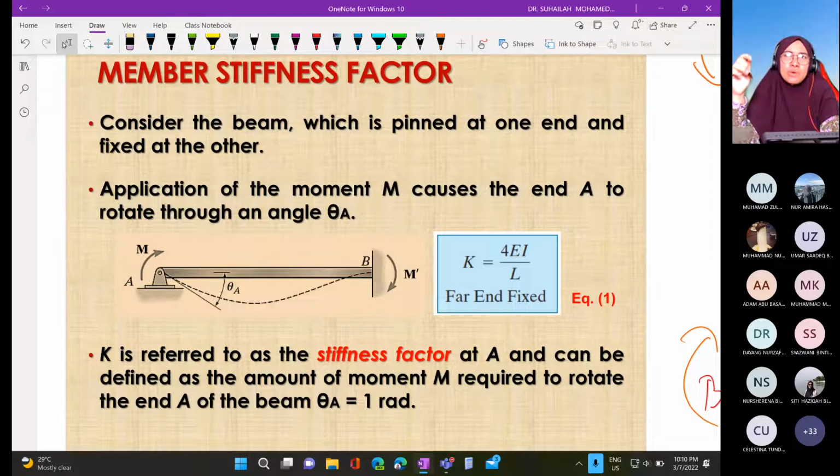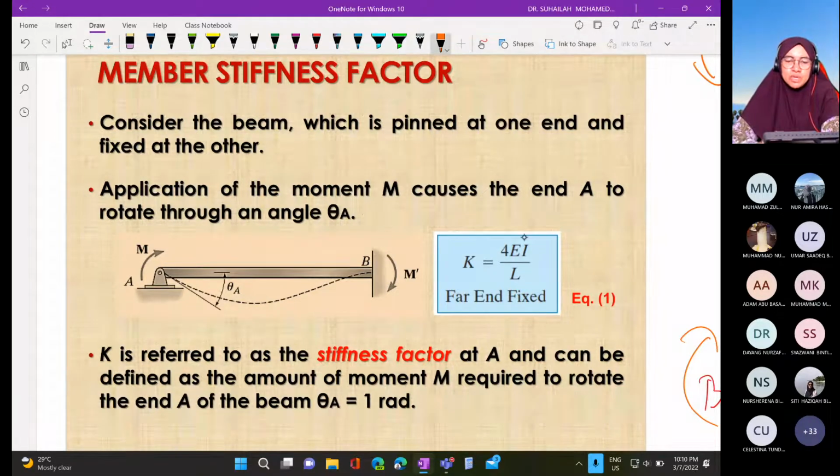That is why when we did the stiffness method, we called K the element global stiffness matrices, because K belongs to the member. The basic case is when the far end is fixed, and then K is equal to 4EI over L.